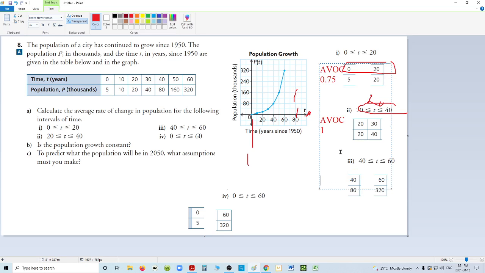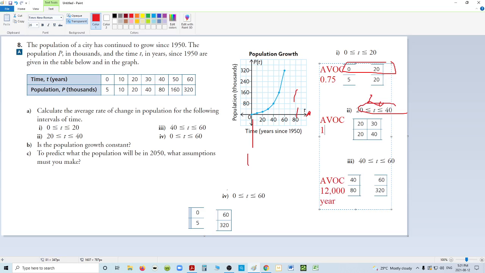What about this here? Well, the delta x is between 60 and 40, which is 20. And the delta y is much bigger, 320 minus 80. The delta y is 240, so I'm dividing by the 20. It's the same as 24 divided by 2, which is 12. Wow. Suddenly the average rate of change is 12,000 people per year.